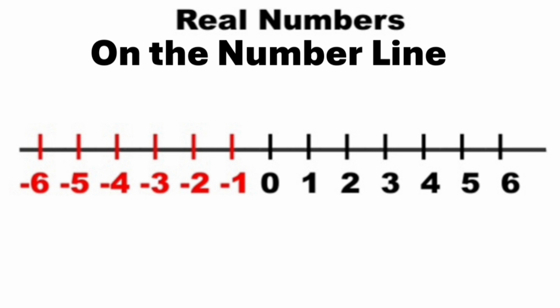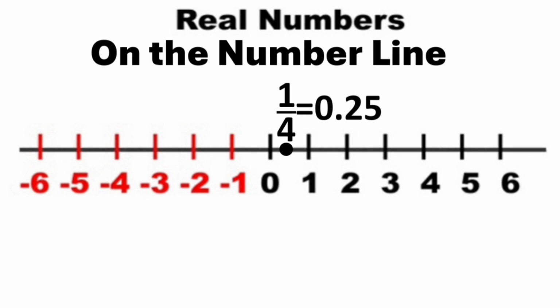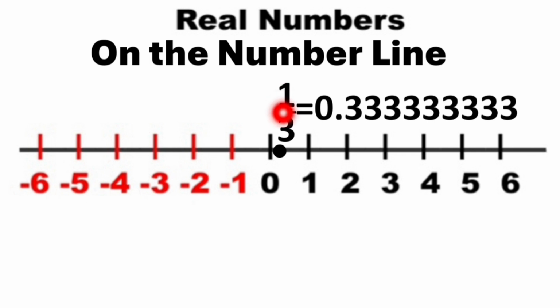And then each interval, we can subdivide into small intervals in which lie the fractions and decimals, just like 1/4 in decimal is equal to 0.25, or 1/5. 1/5 as a fraction can be expressed in decimals as 0.2, or 1/3. 1/3 is a fraction that can be expressed in decimals as 0.3333, repeating and non-terminating decimals.